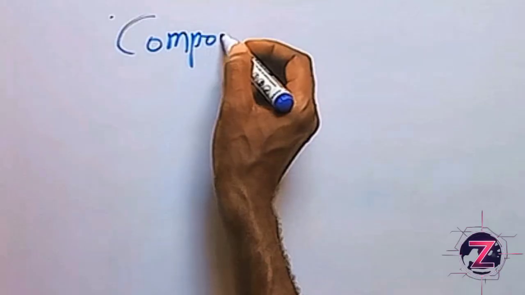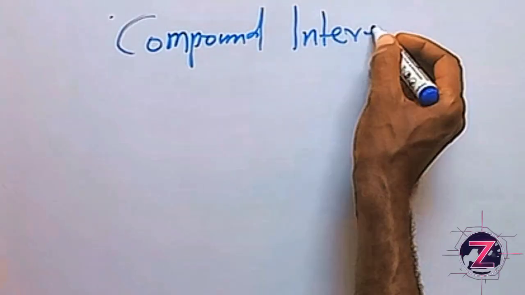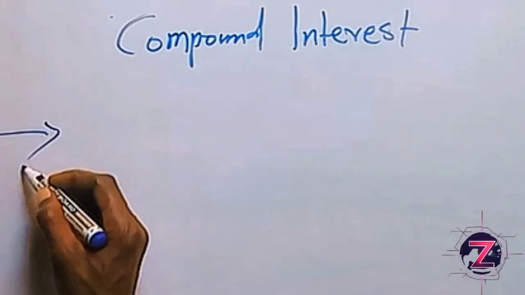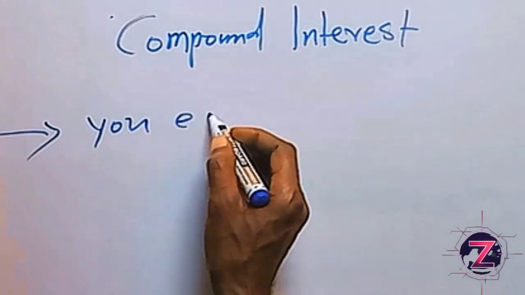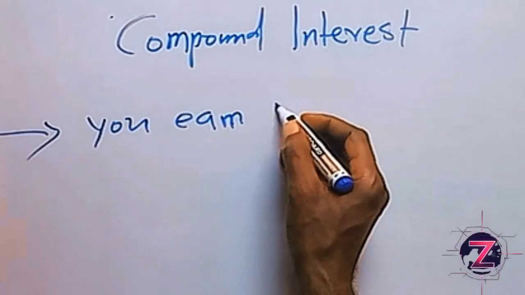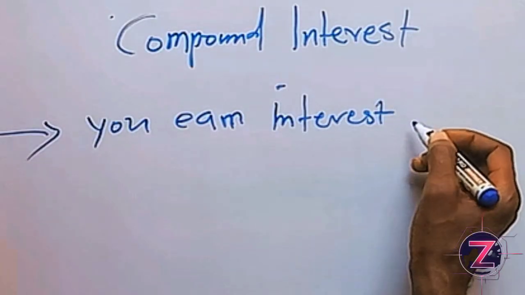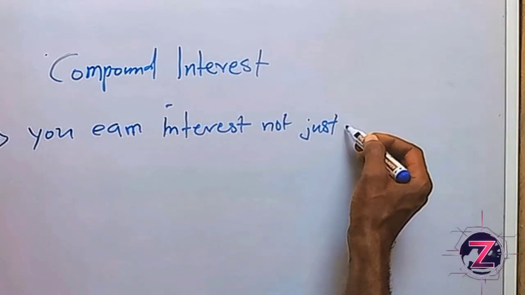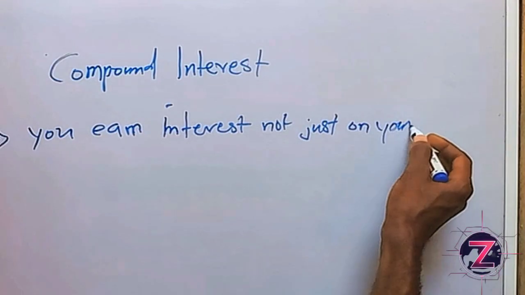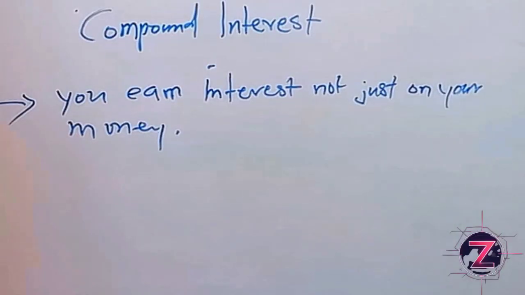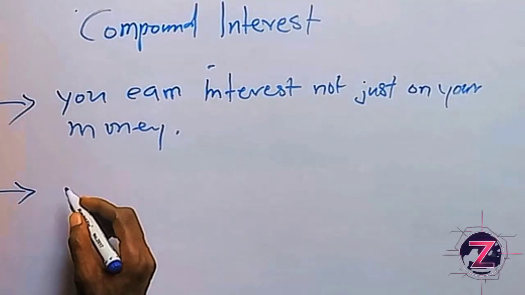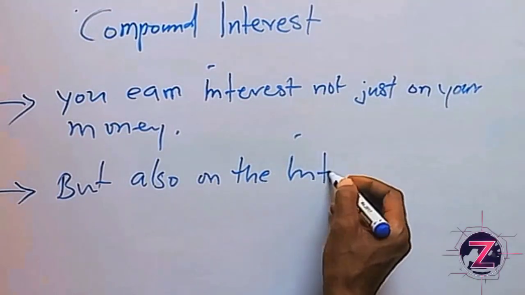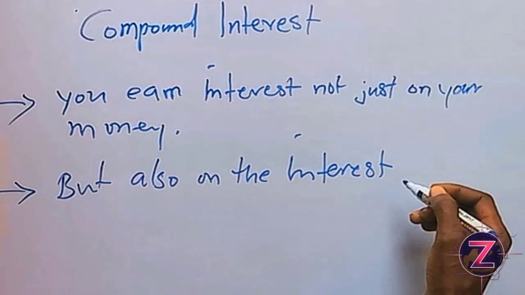Compound interest simply means you earn interest, not just on your money, but also on the interest that has already been added to your money.